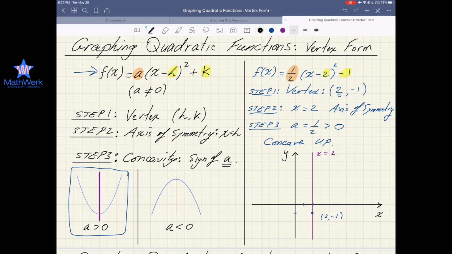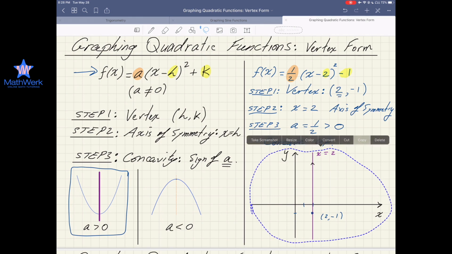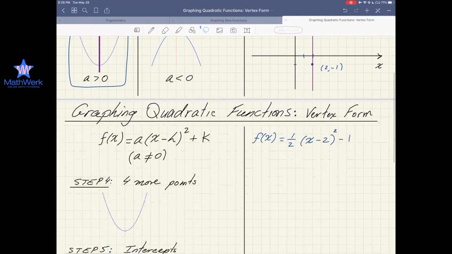And here we have summarized all the information. Furthermore, in step 3, we know it's going to be concave up. So I'll just put a little arrow up here to remind me that the graph is going to be pointing upward. Okay. All right. So let me take a copy of this and put it on the next slide so we can continue graphing our function.